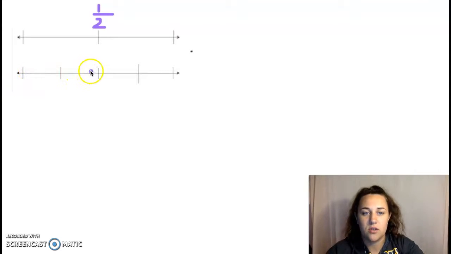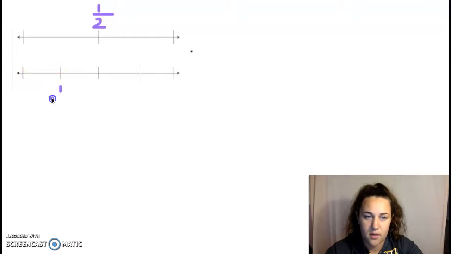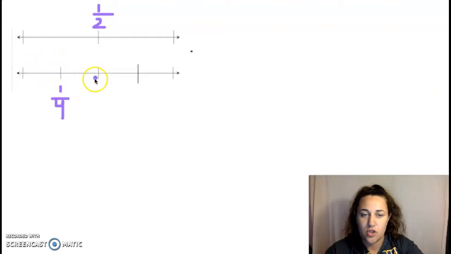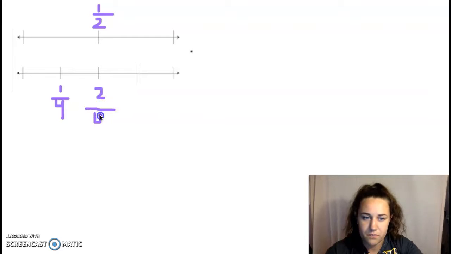I have 1, 2, 3, 4 equal parts all together. So I go to my first line and it's 1 out of the 4 that I just counted, right? So 2 out of the 4 that I just counted. And then 3 out of the 4 that I just counted.